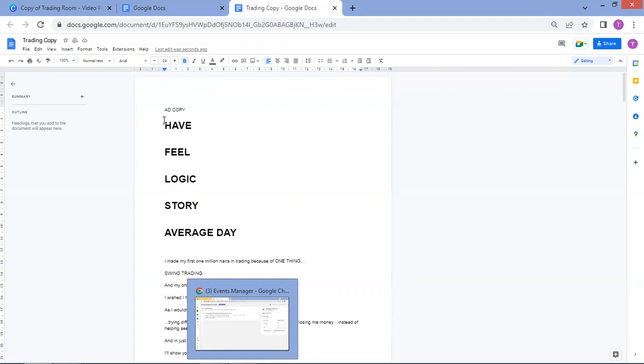And your copy is giving them hope that if they take this action you're telling them to take, there's this guide I've created, you're going to reduce your losing trades and you won't have streaks of losing trades again. So this is the first type of hook, the have hook.